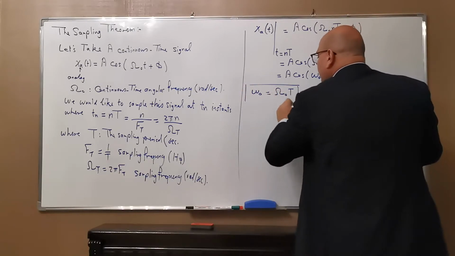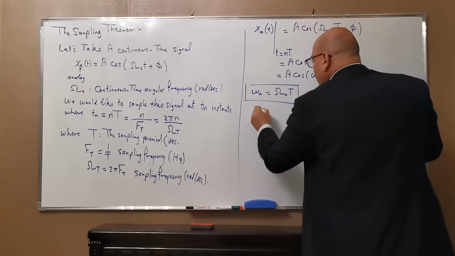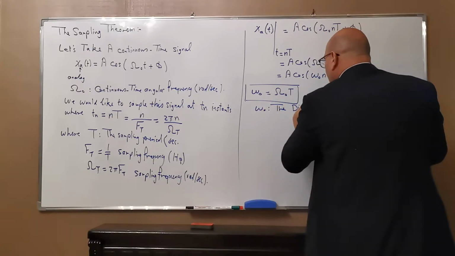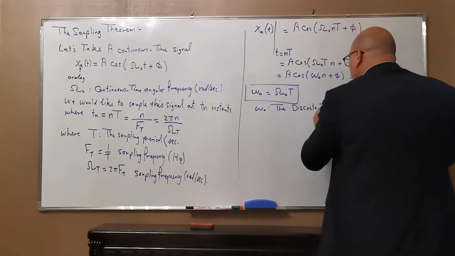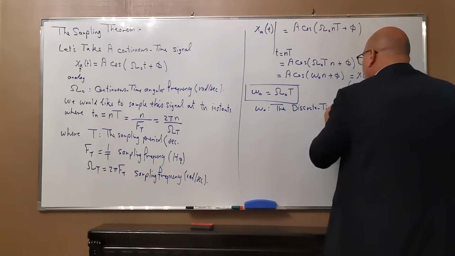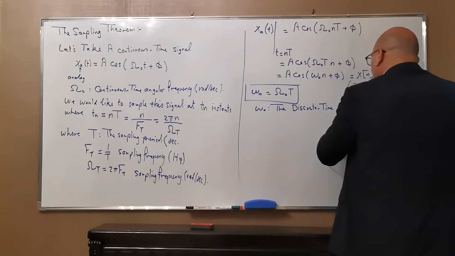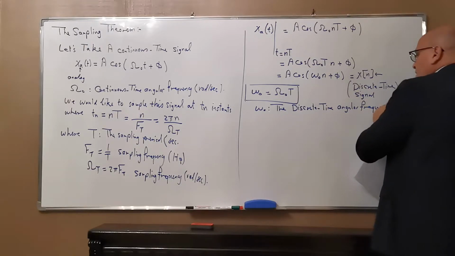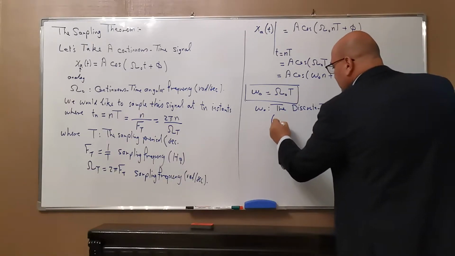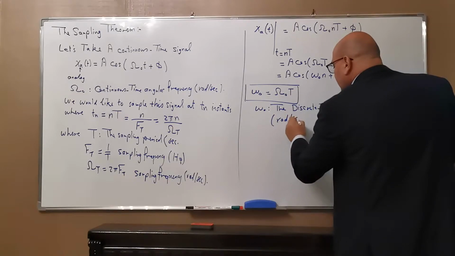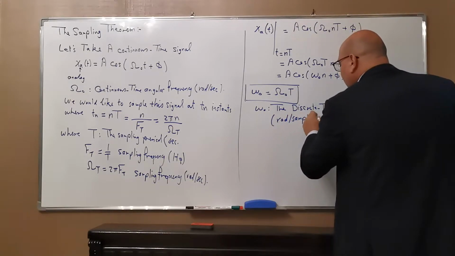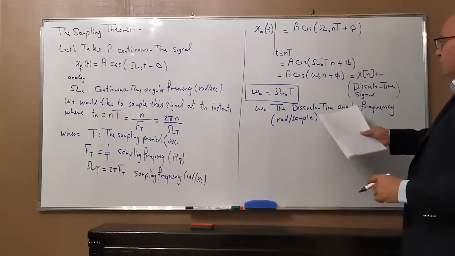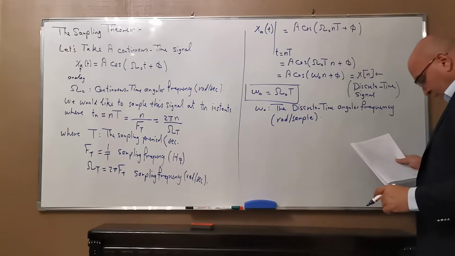So omega 0 is the discrete time angular frequency, and its unit is radians per sample. It's not radians per second anymore. And this is what we actually got.